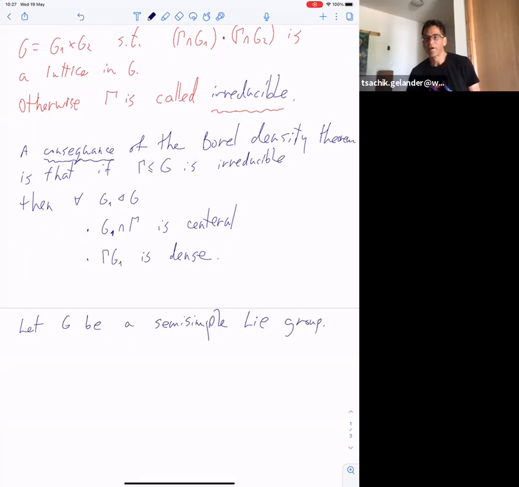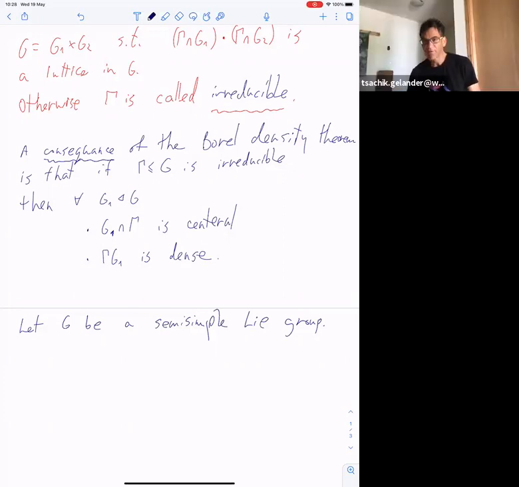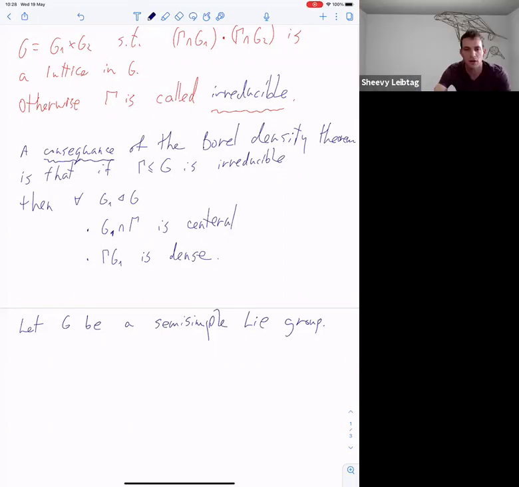I didn't explain why. It's not every normal subgroup, it's every factor. For every normal subgroup of G, yes, the intersection is central. It's correct as I said.